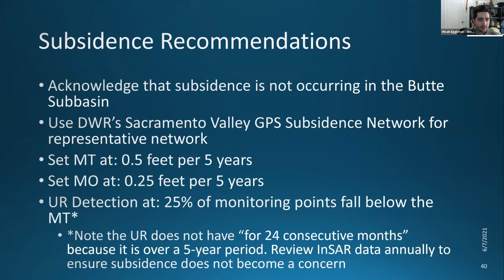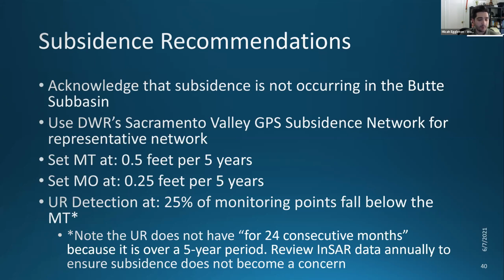So this is our recommendation slide. We acknowledge that subsidence is not really occurring in the Butte Subbasin. We will use the DWR Sacramento Valley GPS subsidence network for the representative sites. MT is 1/2 foot. MO is 1/4 foot, over 5 years.